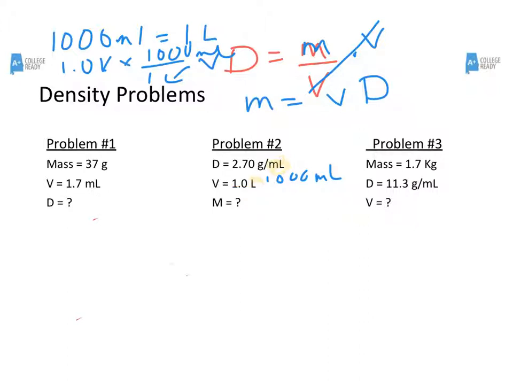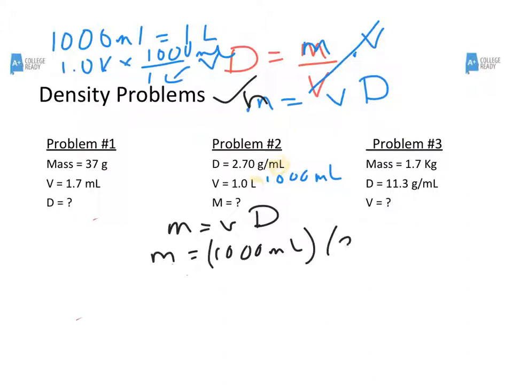So now I can work my problem. I've got the equation. I've got my units all right. So here we go. Mass is equal to volume times density. Mass is equal to 1,000 milliliters times 2.70 grams per mL. mLs cancel.